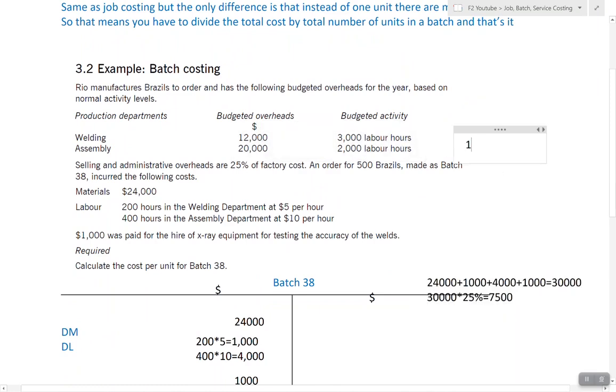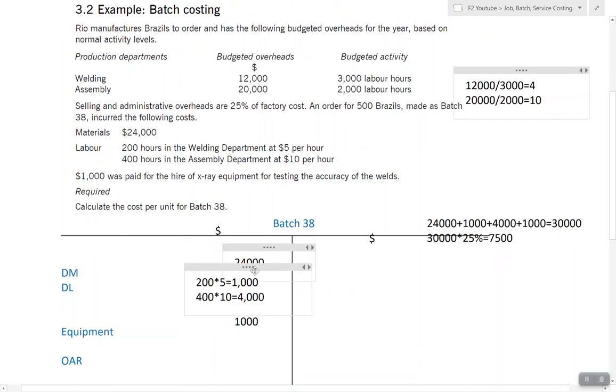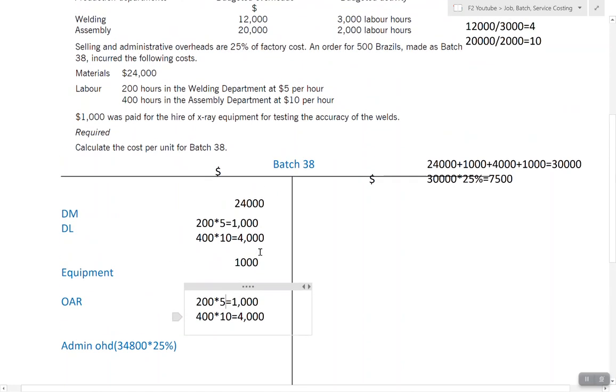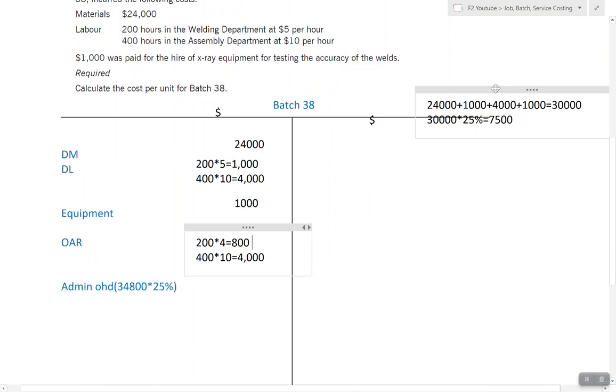We have 12,000 divided by 3,000 and 20,000 divided by 2,000. So departmental rate. So let's find that overheads as well. So the hours are same, rates are different. Departmental rates makes more sense. Now let's add that as well.